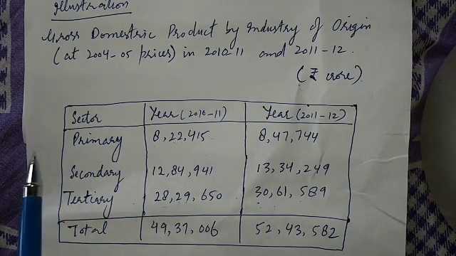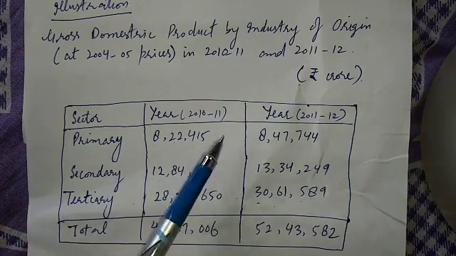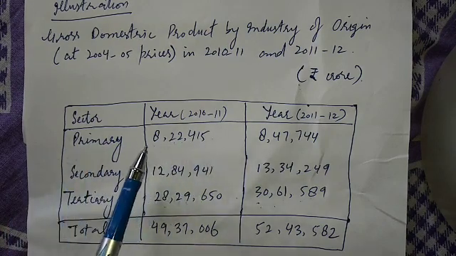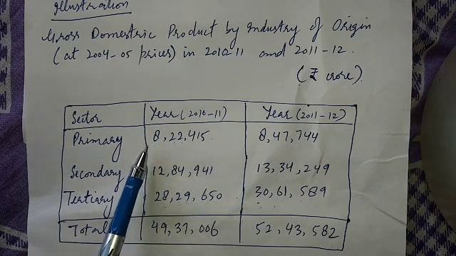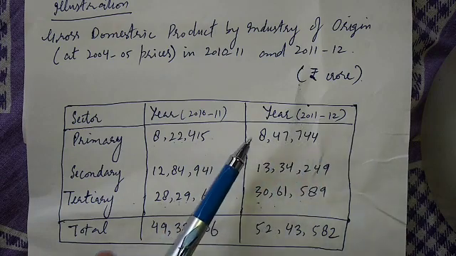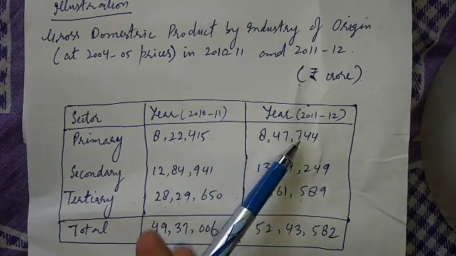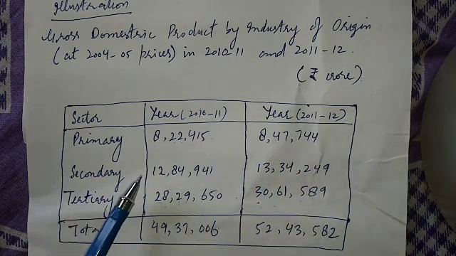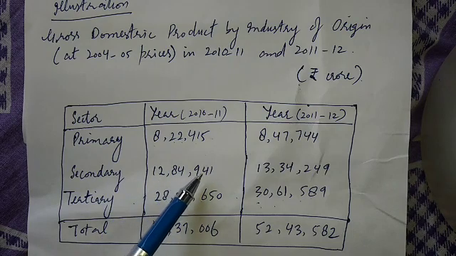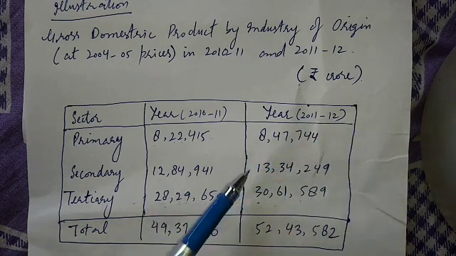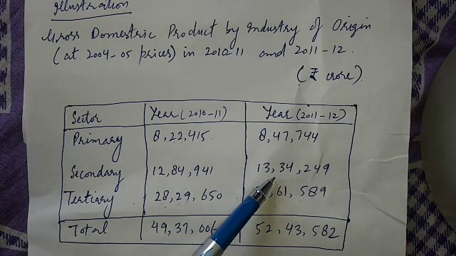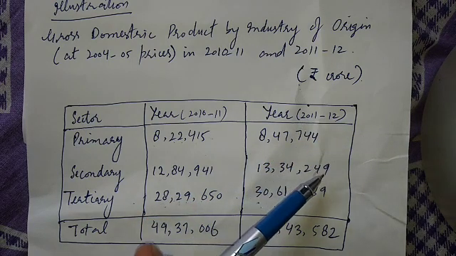Now the primary sector in 2010-11 is 8,22,415 and in 2011-12 it is 8,47,744, and secondary sector is 12,84,941 crore and in 2011-12 it's 13,34,249.